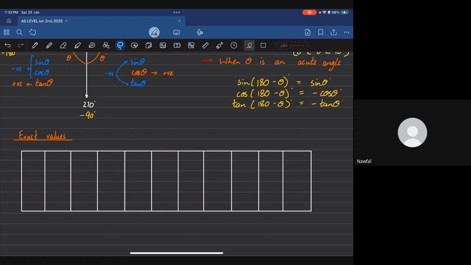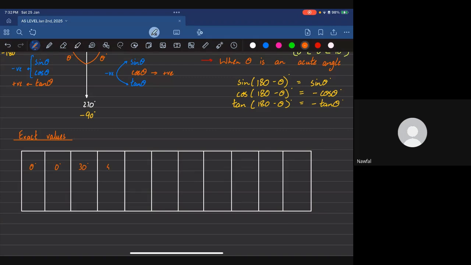All right. So now what you're going to have is values of theta. Theta can be 0, 30.